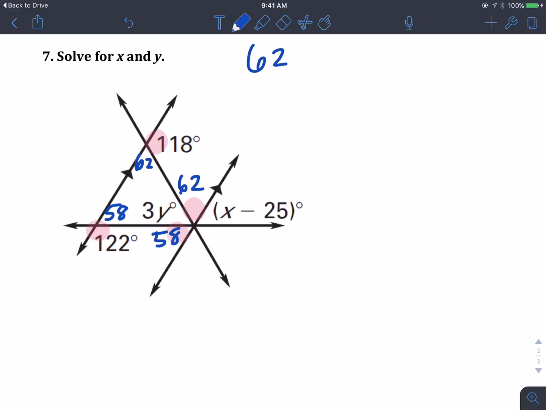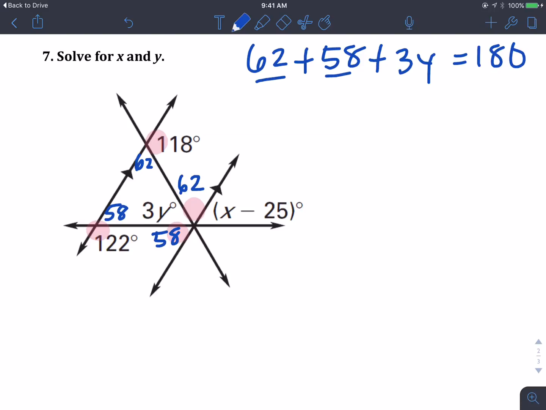So 62 plus 58 plus 3y equals 180. And like I said, because of that triangle. So I can subtract the 62 and subtract the 58 to the other side, and we can solve for y.